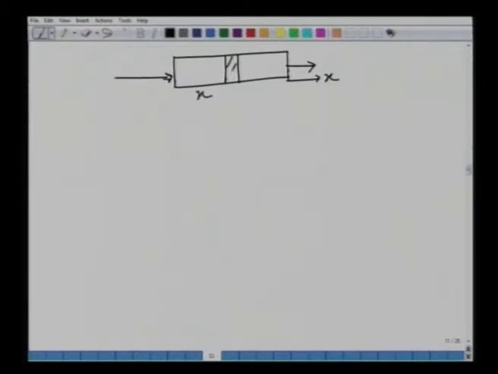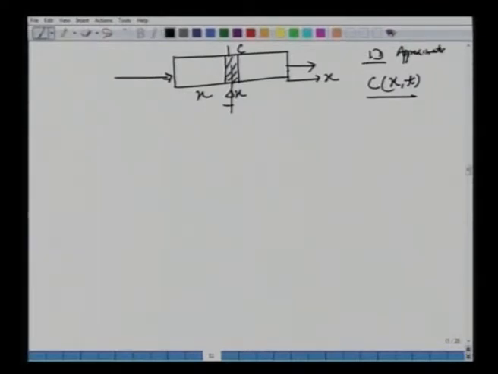Let's take a very small thin volume of width, say delta x. What we are assuming here is that this is 1D, one dimension. So the concentration profile at any location x, c is just a function of x and time. So it's called the 1D approximation or 1D model.